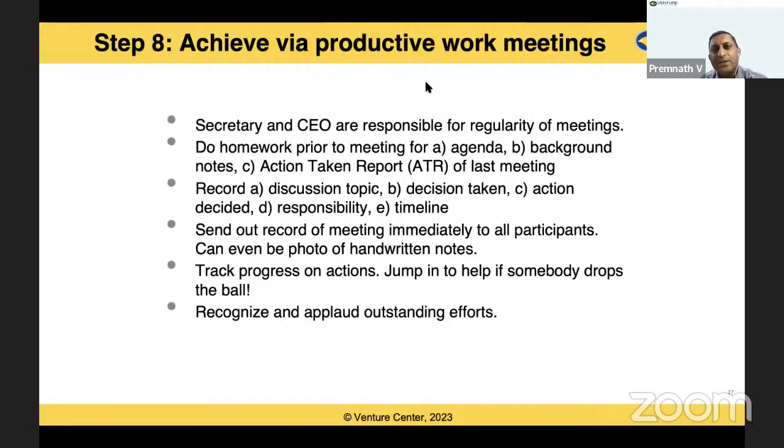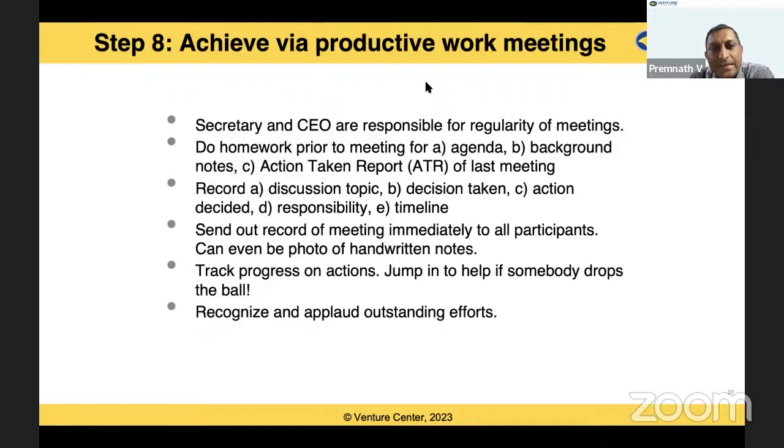They have to ensure that it's regularly done, meetings happen, people take it seriously, some work happens, an agenda is put together, there's some actions decided, action taken, reports are reported, and so on, so that everybody feels that there's something happening and it's not just a waste of time of a meeting happening with no result at the end of the day.